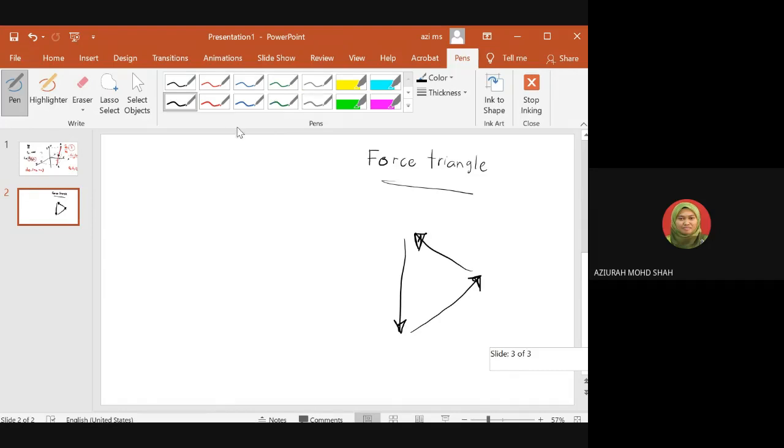What about the triangle we found using the parallelogram in the first part of chapter 2?